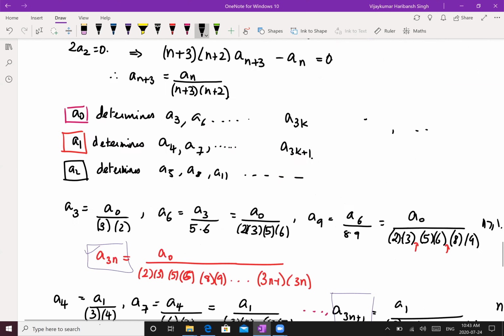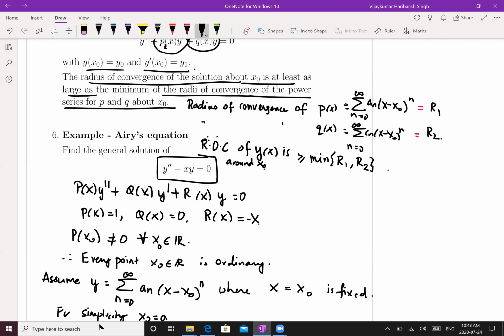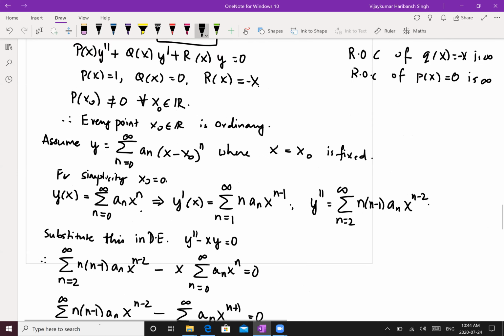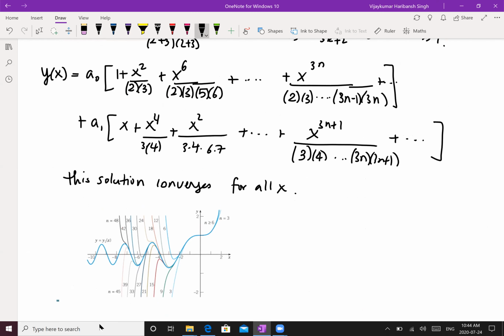If you look at the radius of convergence and compare with p of x and q of x, p of x is 0 and q of x, which is minus x, has radius of convergence infinity. So the radius of convergence of your solution is going to be infinity. So it converges for all x.